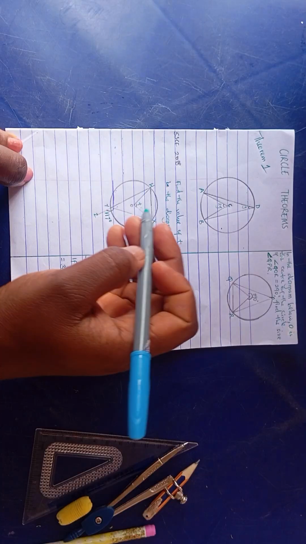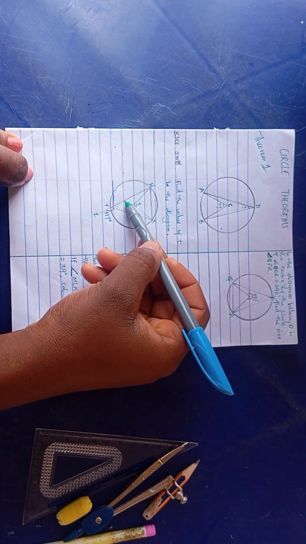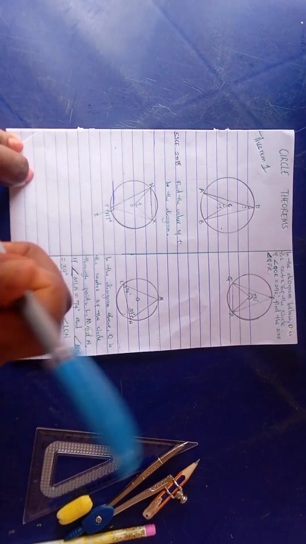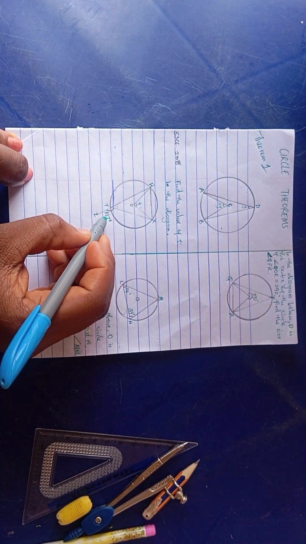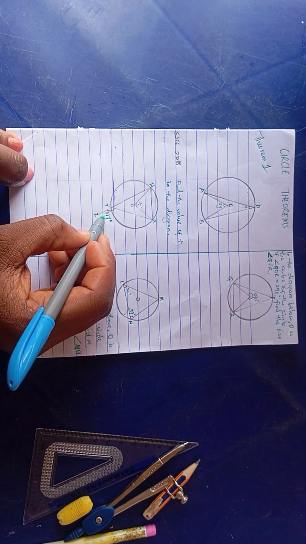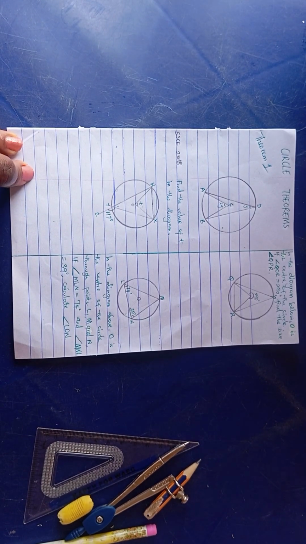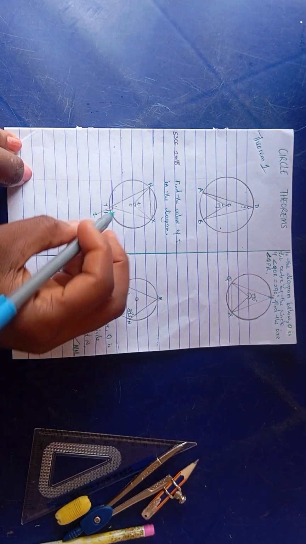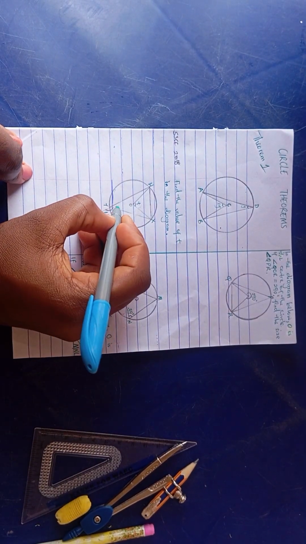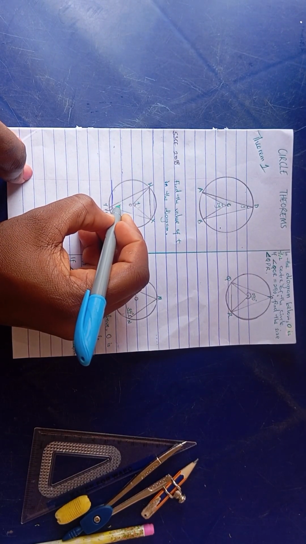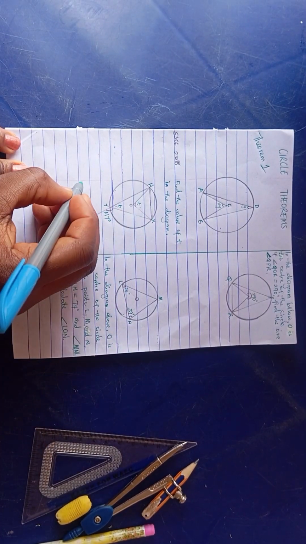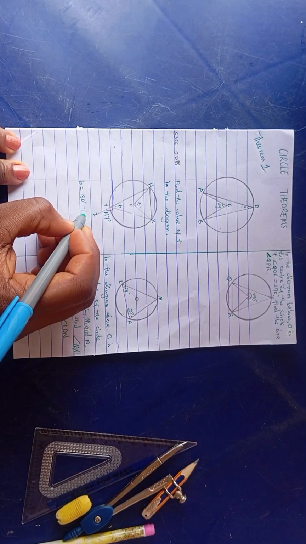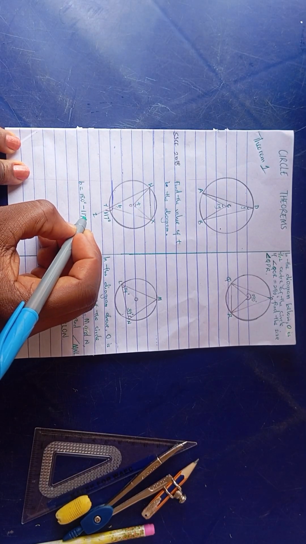And to find the angle, this line you are looking at is a straight line, and angle on a straight line is equal to 180 degrees. Here you have 117 degrees. So to find the angle that should be here, let's call this place B. Now to find angle B, you have B is equal to 180 degrees minus 117 degrees.